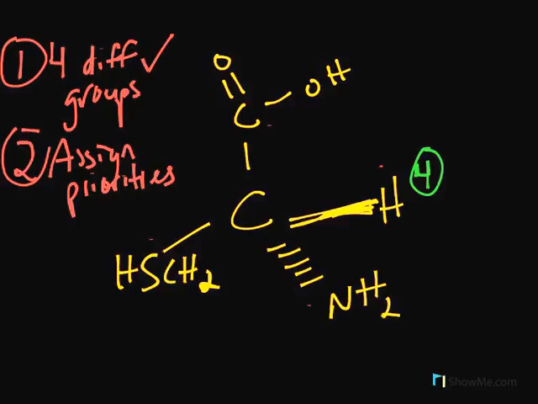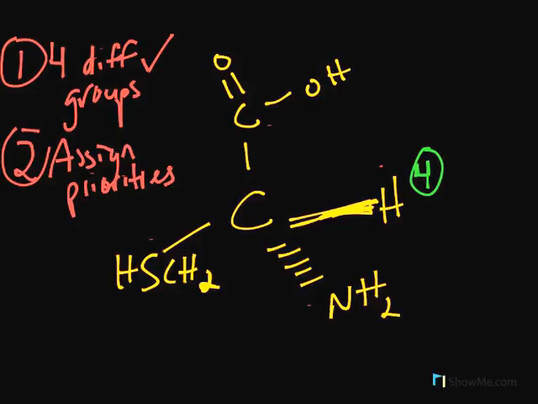Our first priority is always the atom with the highest atomic number, and then we go in decreasing order until we get to the atom with the lowest atomic number, and that's our last priority. In this case, there's nothing in this molecule connected to our stereogenic center that is lower than hydrogen. So hydrogen is going to be the last priority.